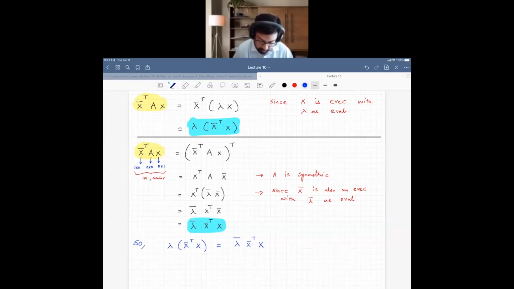Next, what about x conjugate with x? So take a look at x conjugate transpose with x. That is simply going to be the magnitude of x squared, right? It's the dot product of all the elements in x, and the other vector is the conjugate of x.